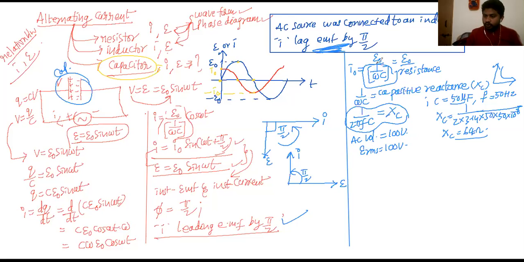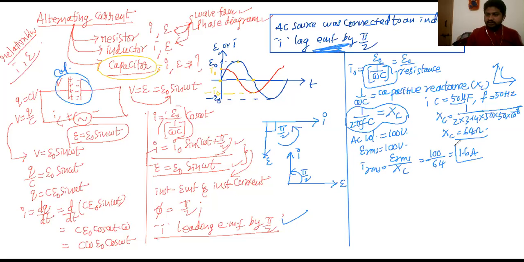So now you know the value of IRMS. What is IRMS? IRMS is equal to ERMS by resistance, which in this circuit is called XC. This is 100 divided by 64. It is almost equal to 1.6 ampere, my dear students. So in this way, questions will be asked.